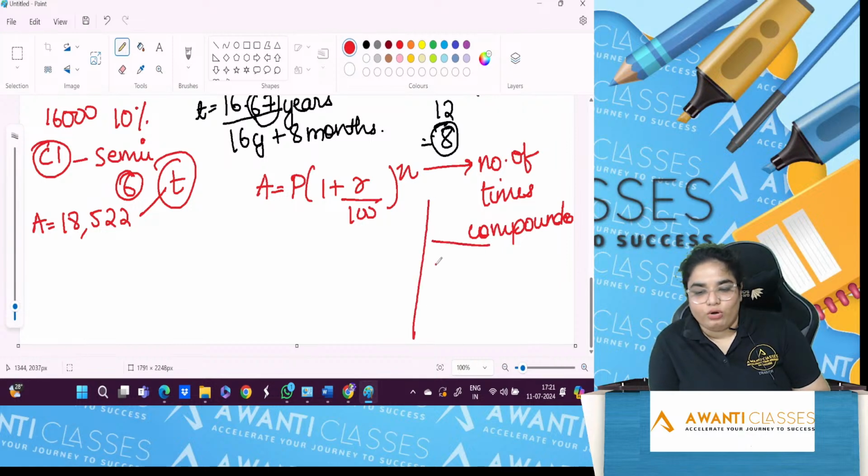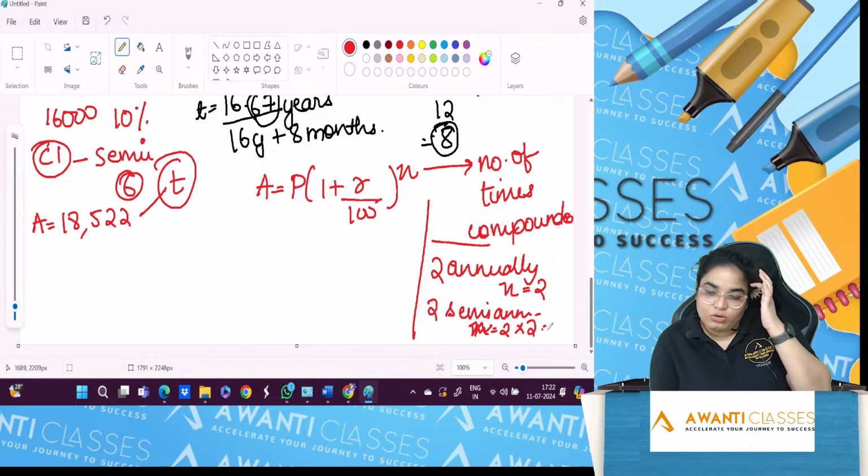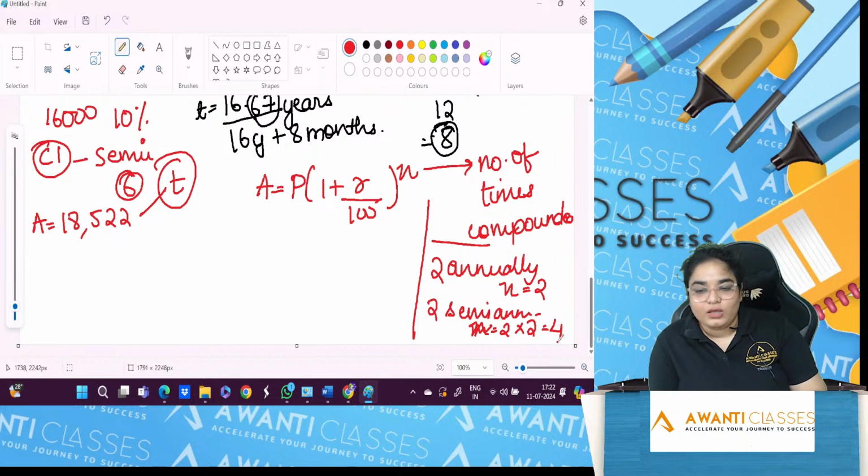If there is a loan for 2 years compounded annually, then n is 2. If it is 2 years compounded semi-annually, then n is equal to 2 years into 2 times per year, 6 months, so 4.